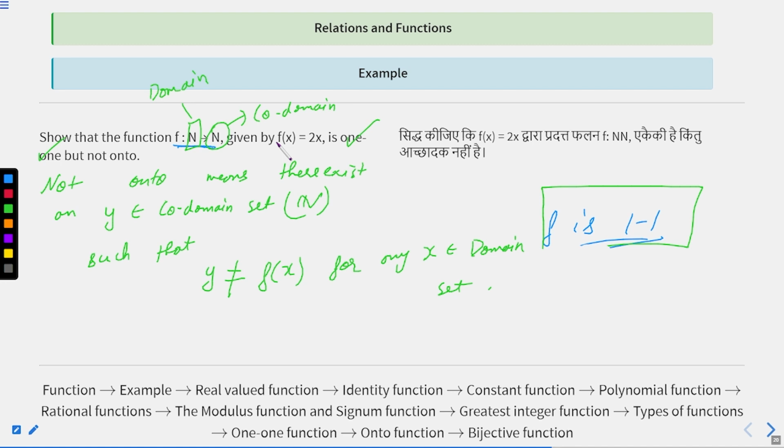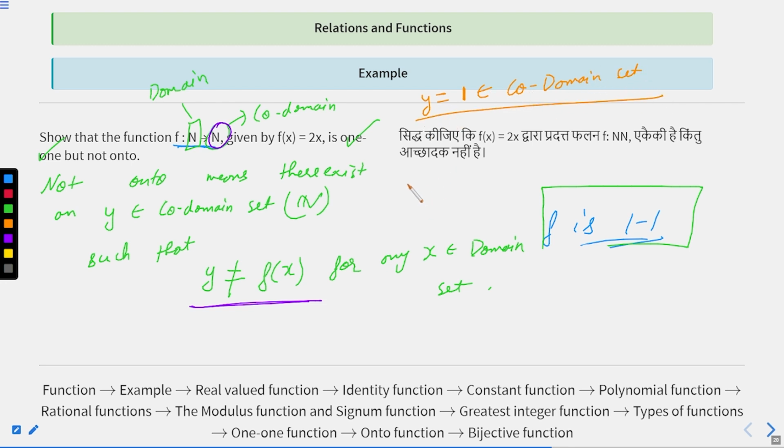So let's pick an element. Take y equal to 1 from the codomain set.